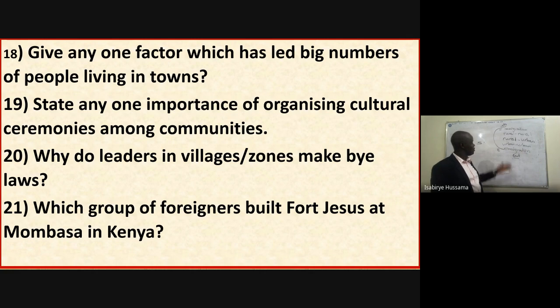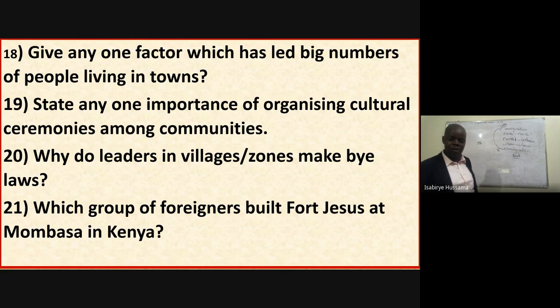Then we have, these ones are common, urban-urban, meaning movement of people from one town to another for settlement. We shouldn't forget the word settlement. Rural-urban, movement of people from villages to towns for settlement. Rural to rural, movement of people from one village to another for settlement.